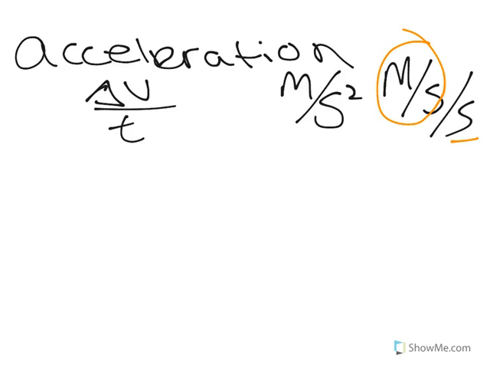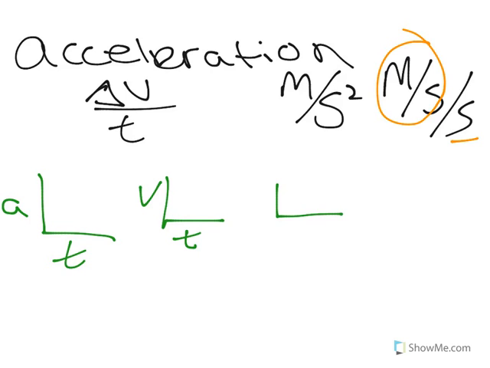Now, one thing that you need to know about acceleration is how a graph looks for acceleration. Okay, so there are three graphs associated with acceleration, and those are these: velocity versus time, acceleration versus time, and distance versus time.